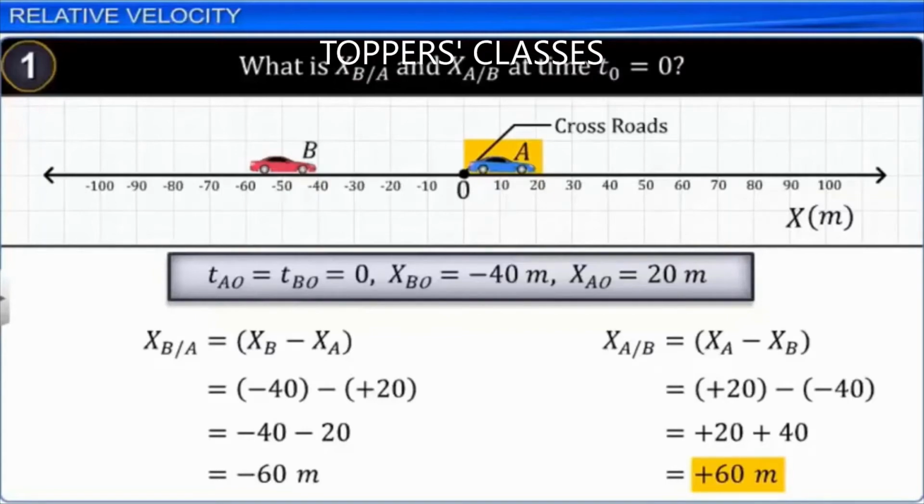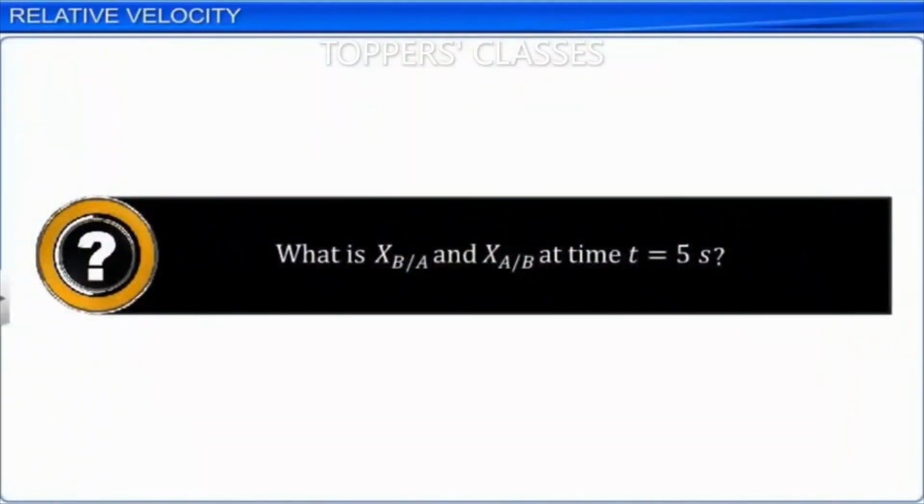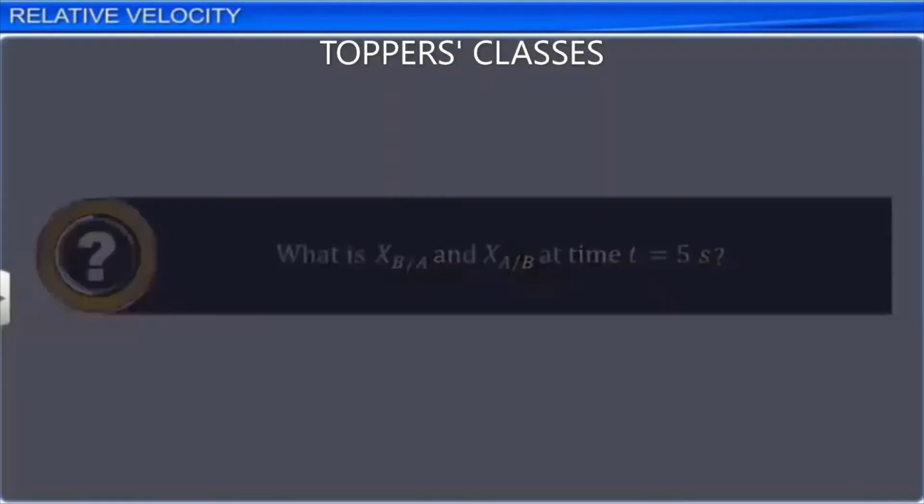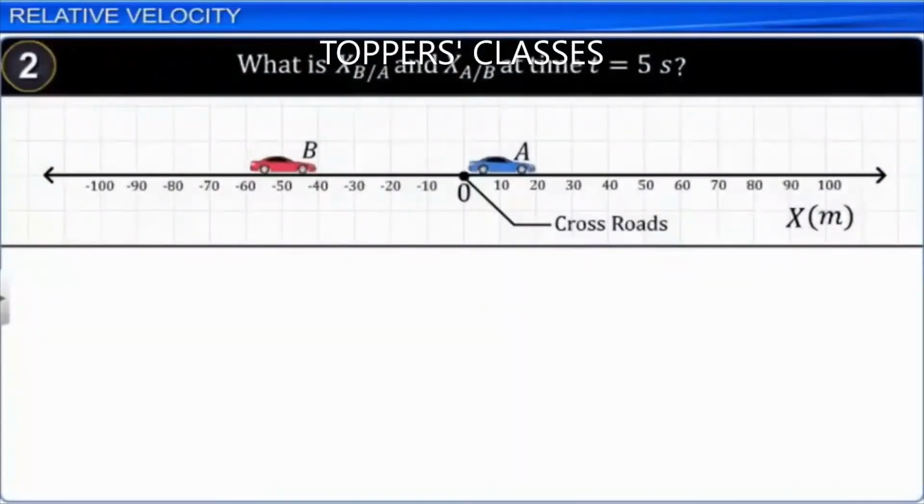2. What is x B by A and x A by B at time t equal to 5 seconds? Here, v A is equal to 10 meters per second. x A O is equal to plus 20 meters. t A O is 0 second and t A is equal to 5 seconds.